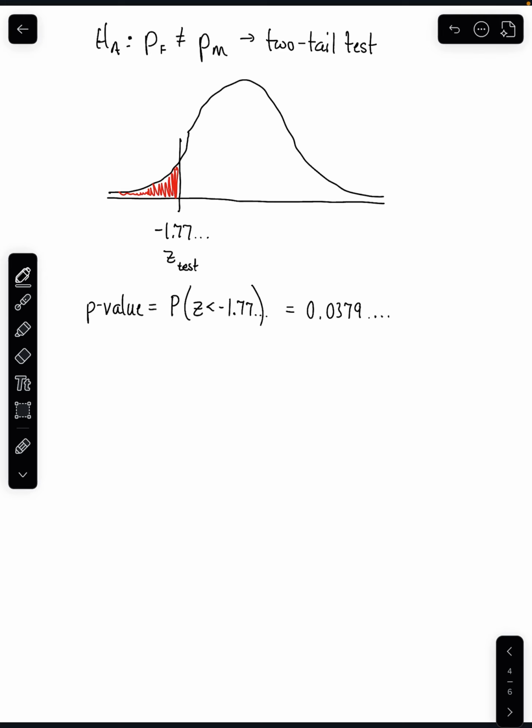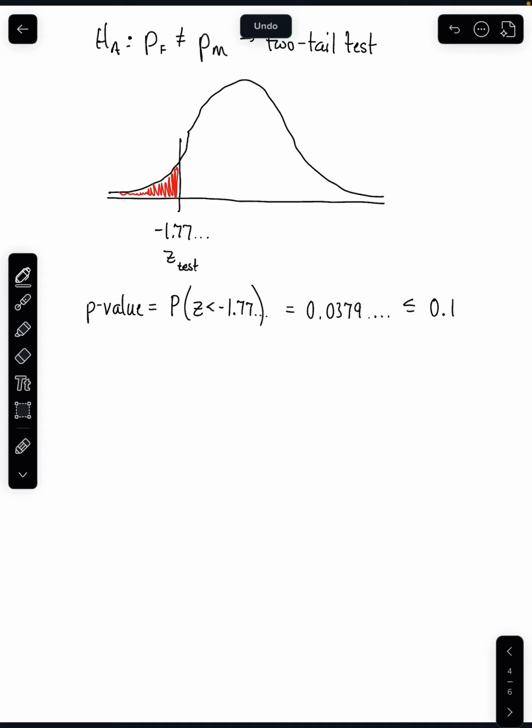We would get 0.0384 after rounding. So close enough that it's not really a big deal. Certainly, this is less than the value of alpha. Remember, we were told to use the 0.10 significance level.